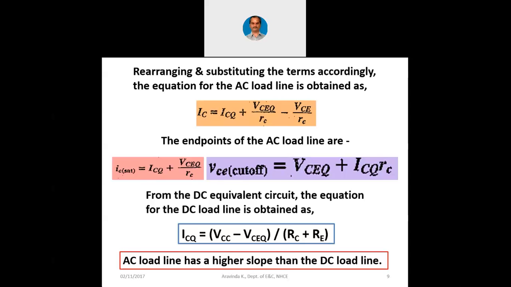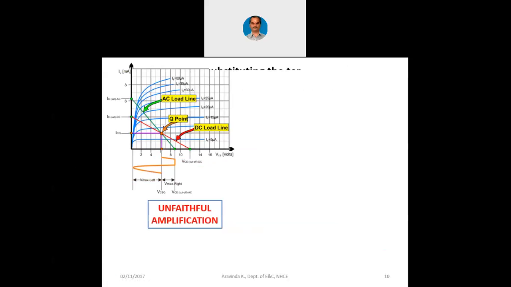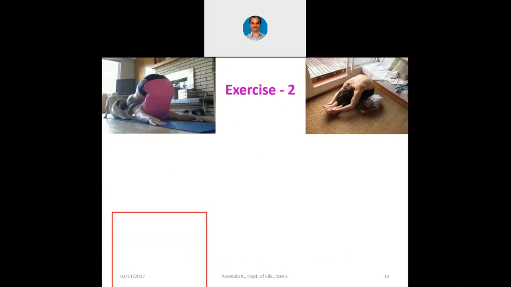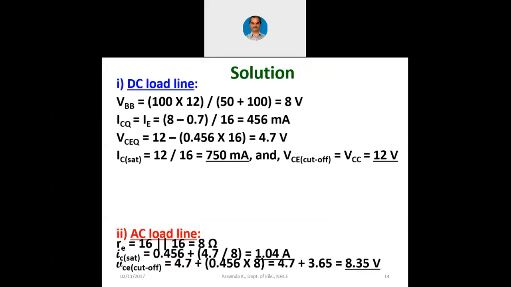That's all. Otherwise, we have found out the quiescent DC current, and the quiescent DC collector to emitter voltage as well. Now using them and using the small re, which is across the emitter, we are going to find out the AC load line points for the emitter follower. That is this calculation now.